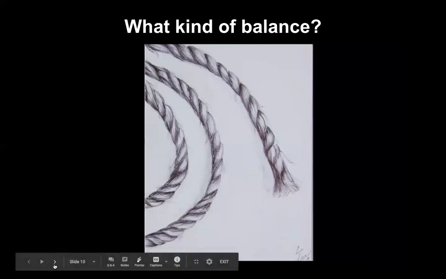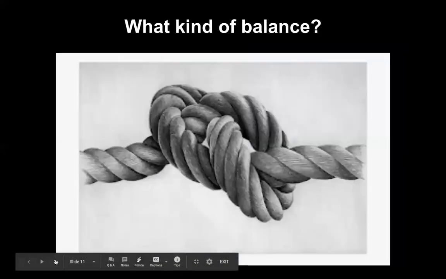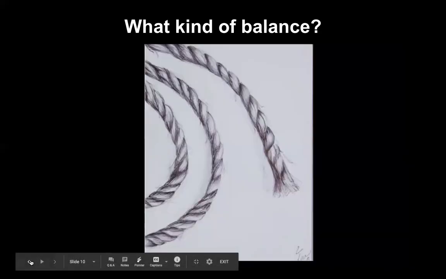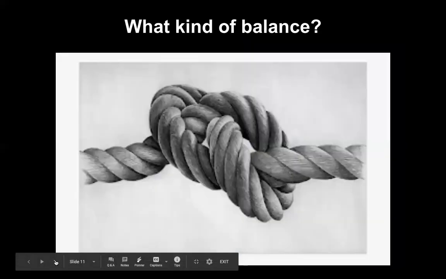So what kind of balance is this? Is it symmetrical or asymmetrical? Asymmetrical, symmetrical. This one is symmetrical, even though it's not exact. It has the same amount of physical weight on both sides, whereas this one is asymmetrical.